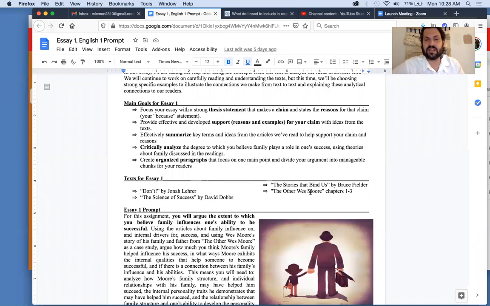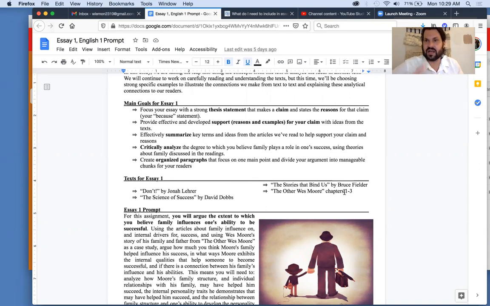So here's the reading list. We have to use all of the readings from this list. One thing I want to note is that for The Other Wes Moore, we're not using the entire book. We're only using the first section, which includes chapters 1 through 3. If you have any questions about how much of the book that is, just let me know and I can help you out there.